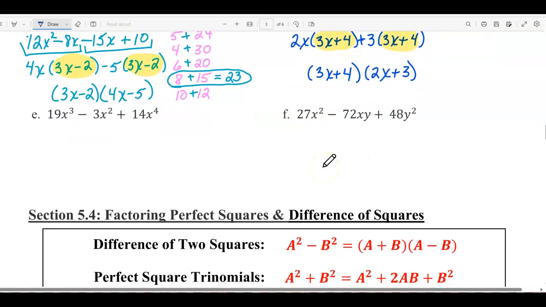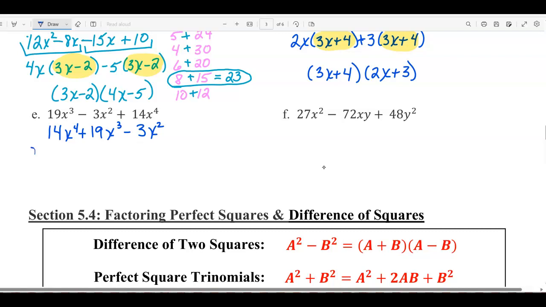Part E, as soon as I look at this, there's a couple things that we have to do. First, it's not in descending order, so I am going to put it in descending order. 14x to the 4th comes first, plus 19x cubed minus 3x squared. The next thing I notice is it's not in the format of a trinomial, ax squared plus bx plus c, which is a kind of hint that I probably have a common factor.